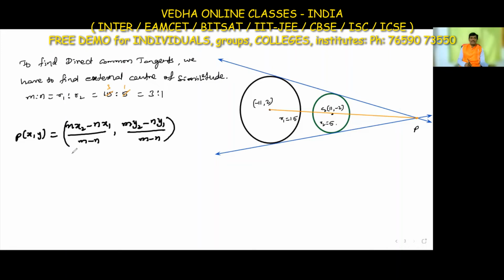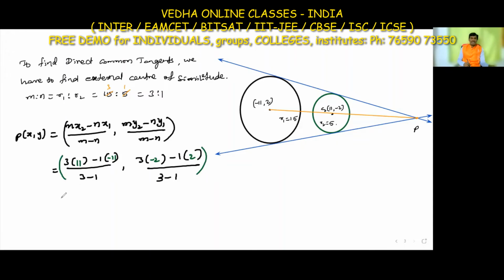Now I am substituting the values of m and n: 3 x2 minus 1 x1 divided by 3 minus 1, comma 3 y2 minus 1 y1 divided by 3 minus 1. So substitute x2 is 11, x1 is minus 11, y2 is minus 2 and y1 is plus 2. Now substitute here and simplify.